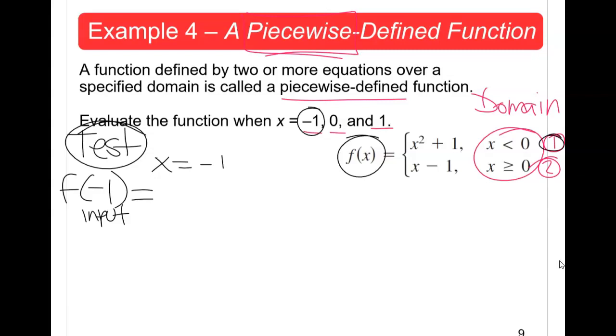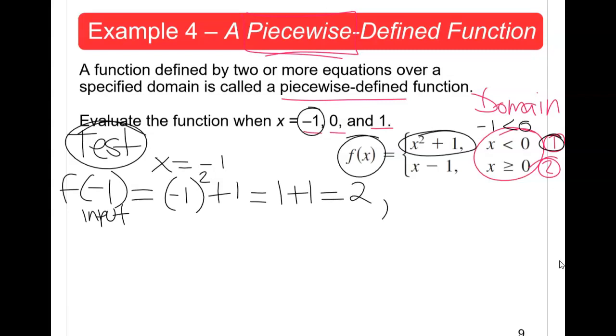X is less than 0, right? Because -1 is less than 0. So for that reason, we use that piece of the function. So it will be x squared plus 1. We're going to substitute: -1 squared plus 1. -1 squared is +1, plus 1, we get +2. So here, f of -1 is equal to +2, meaning that when x is equal to -1, the y value corresponding to it is +2.